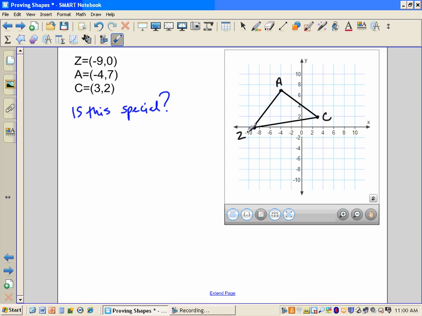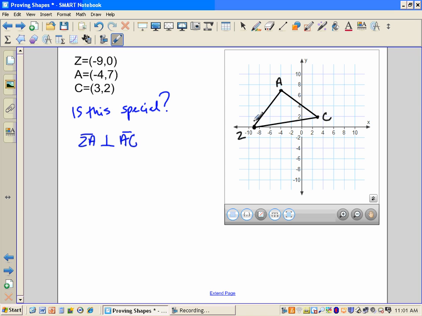Well, one of the things you might want to do is see, oh, this kind of looks like a right angle, but I don't know for certain if it's a right angle without checking the slopes, because if this is a right angle, then the slope from Z to A should be perpendicular to the slope from A to C. So to find slopes, remember we can do rise over run, so I'm going to just count.